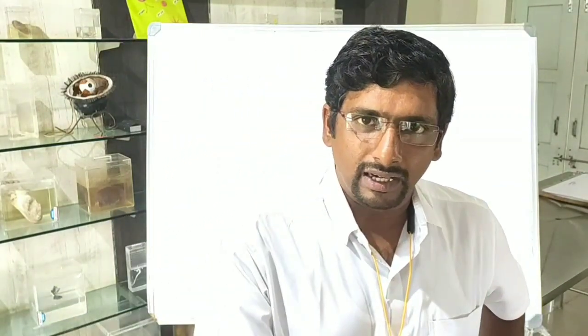Already we understood what is there in the cross section of the brainstem in general. Now we are going to study particularly those structures which are crossing through the medulla oblongata, right? After that we are going to study the cross sectional part in level 3.